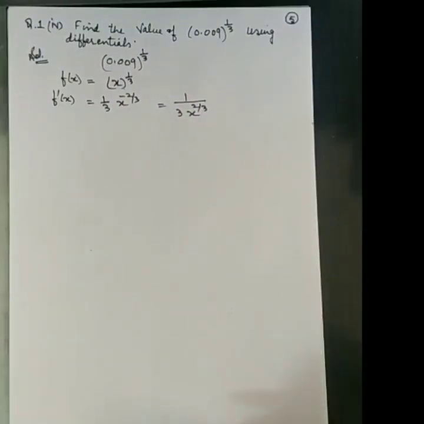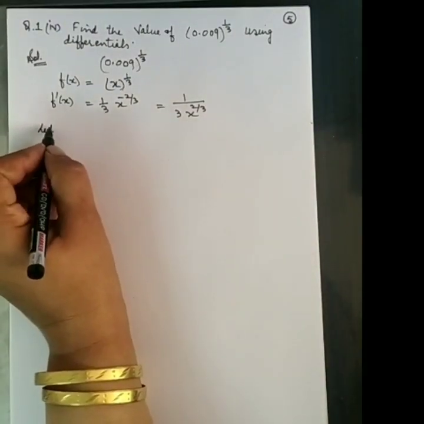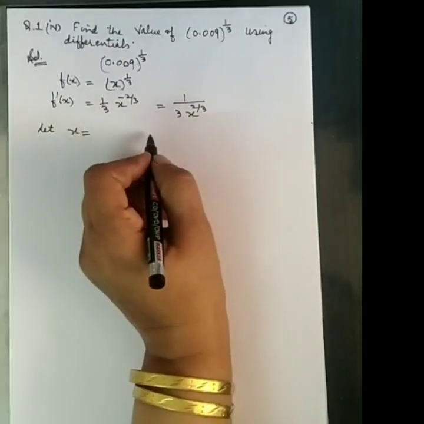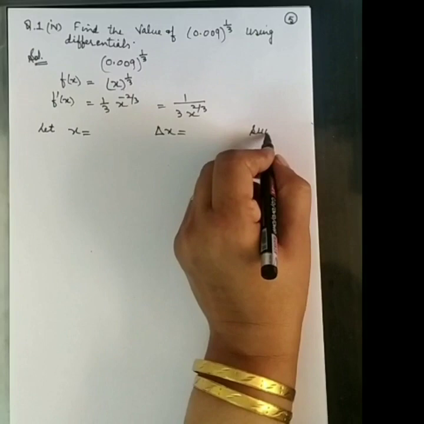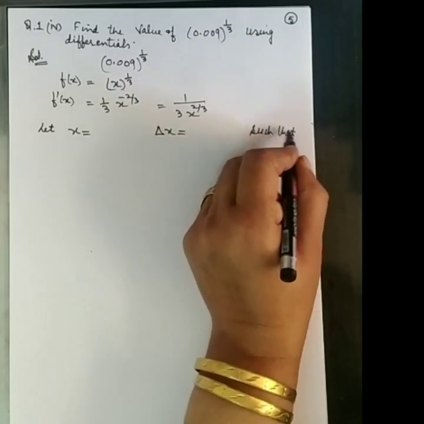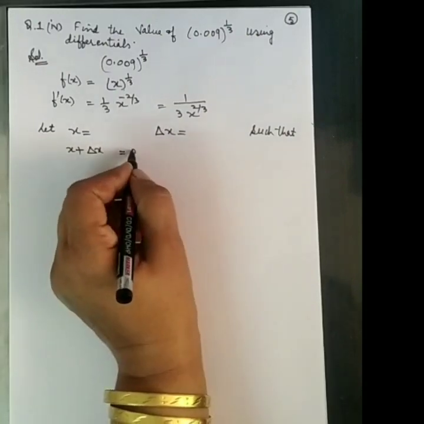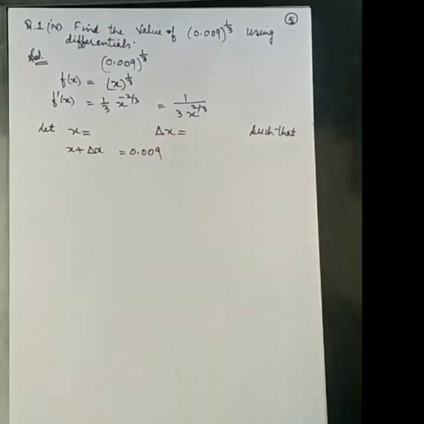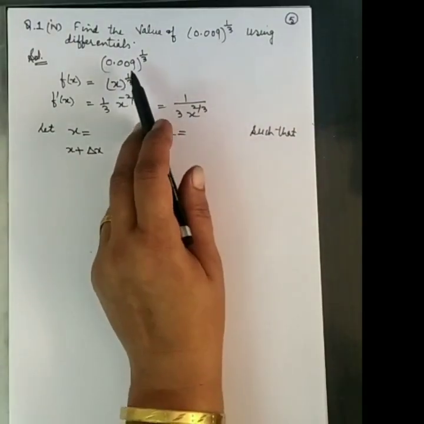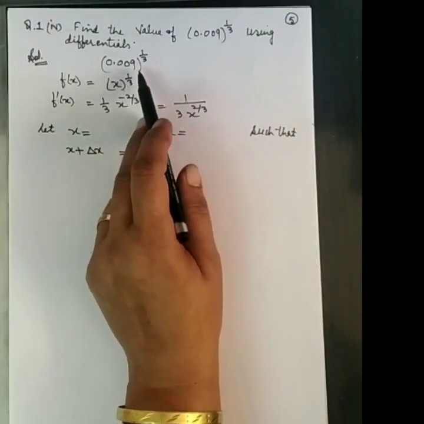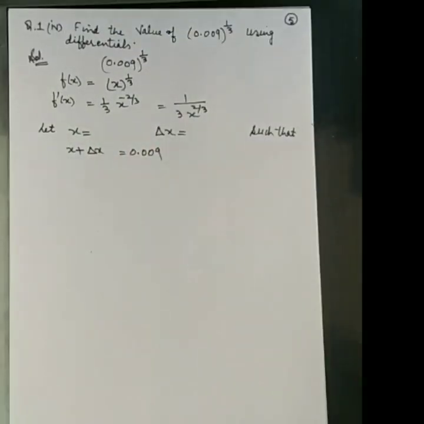Now choose the values of x and delta x. What will be x plus delta x? It will be 0.009. So for the cube root, you have to think of a number near 0.009 whose cube root you can calculate orally.